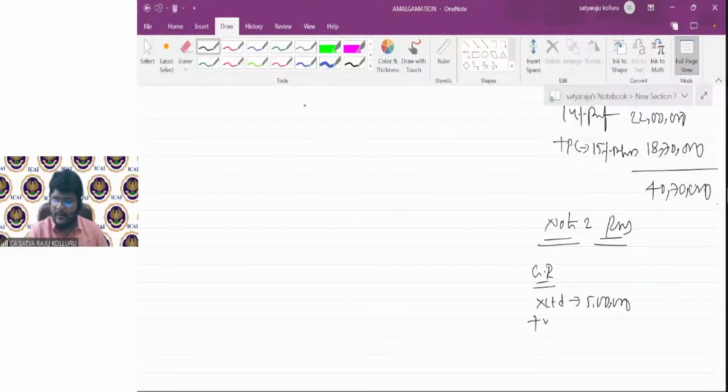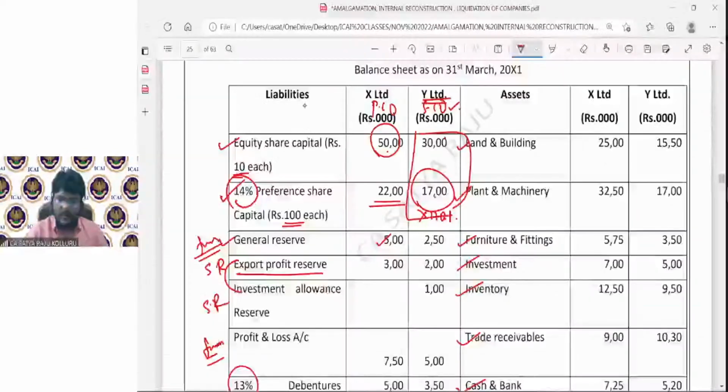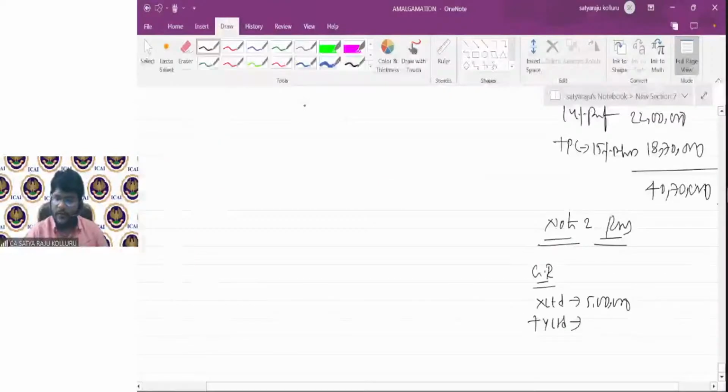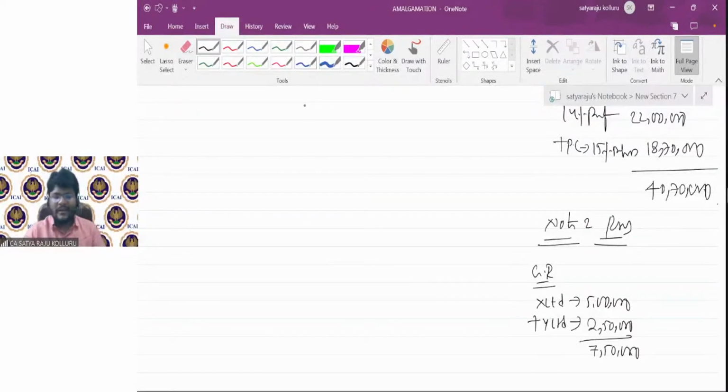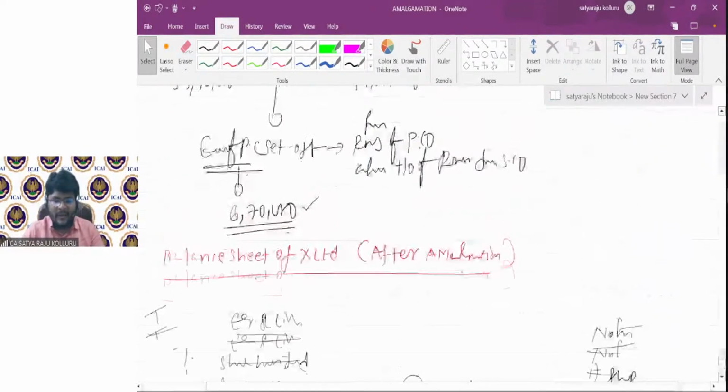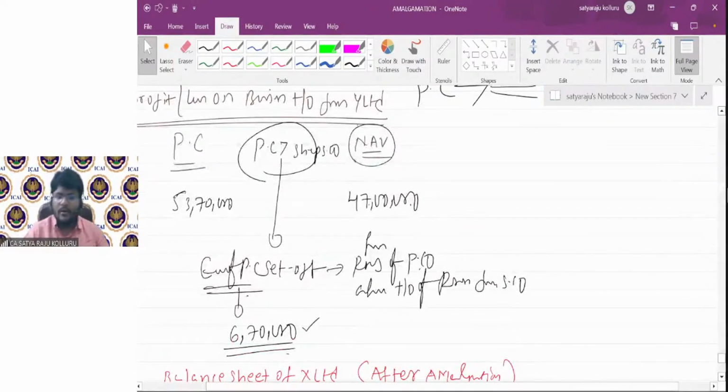Now you can add the general reserve of Y Limited, which is 2,50,000. So total, how much did I get here? 7,50,000. Now it is clearly given that we are paying purchase consideration in excess of the share capital of the selling company. The loss, how much did we get? 6,70,000. Such 6,70,000 you need to set off against the reserves and surplus of the purchasing company after taking over the reserves and surplus from the selling company.